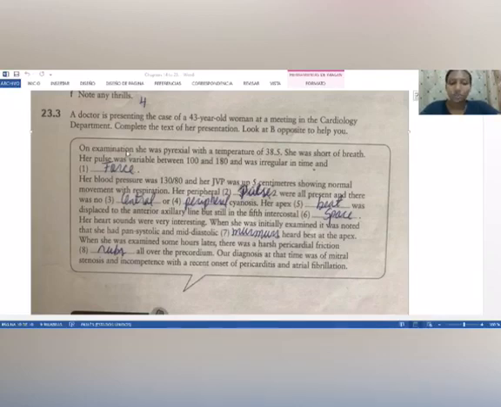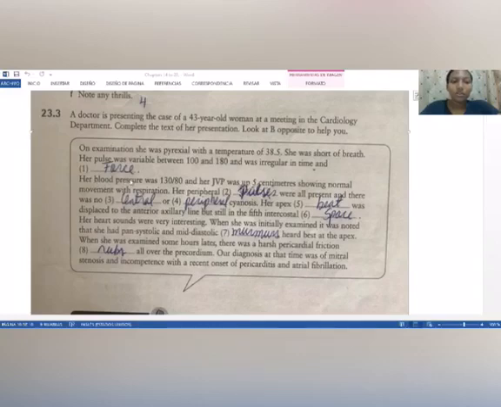On examination, she was pyrexial with a temperature of 38.5. She was short of breath. Her pulse was variable between 100 and 180 and was irregular in time and force.